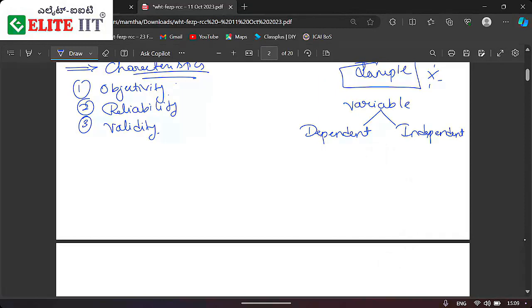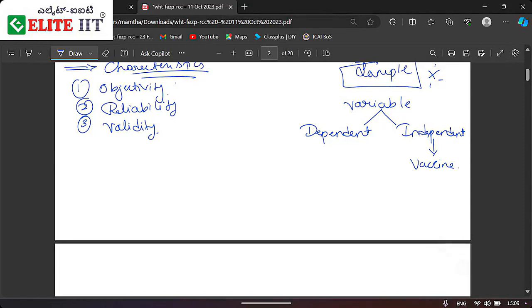The vaccine is the independent variable. It depends on our body, right, how it is going to react. So individuals are the dependent variable.